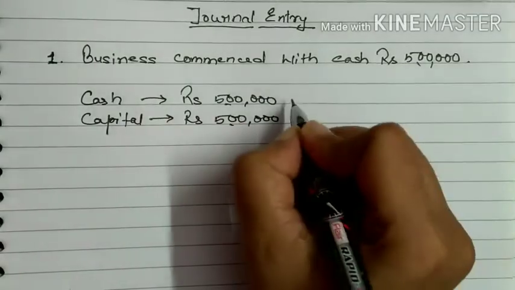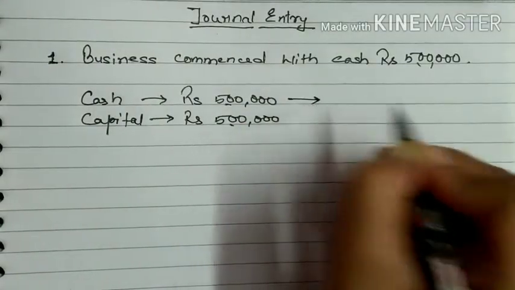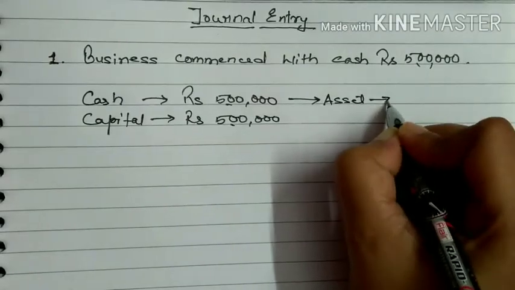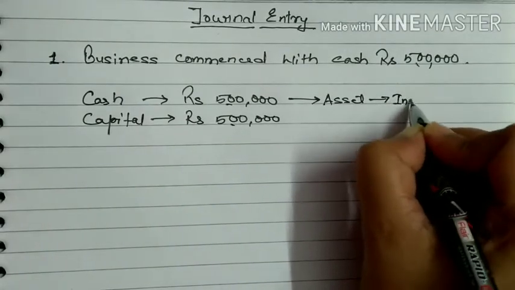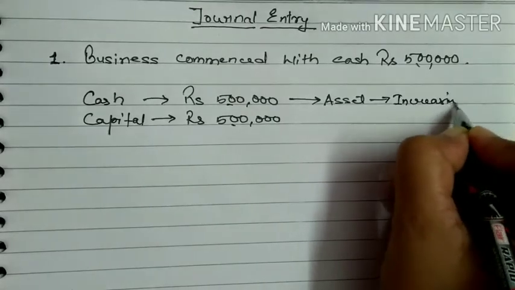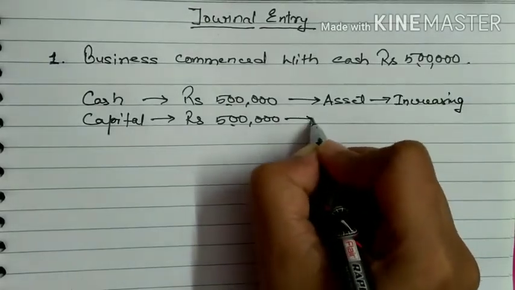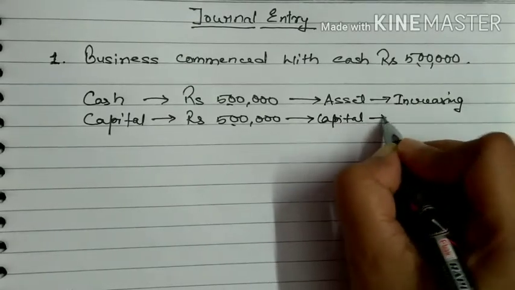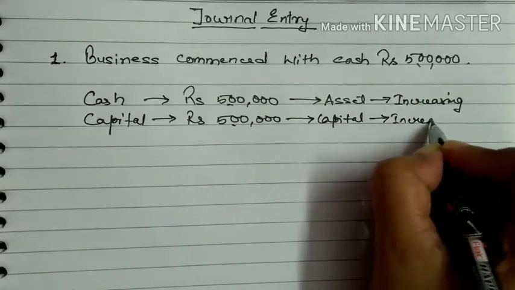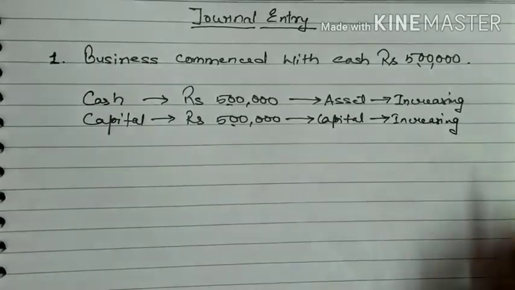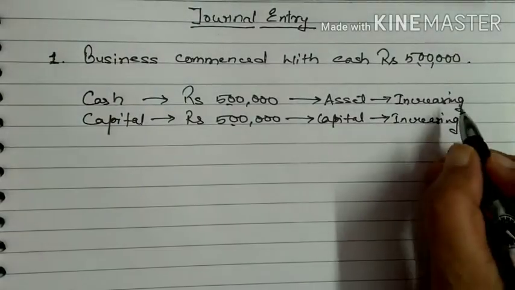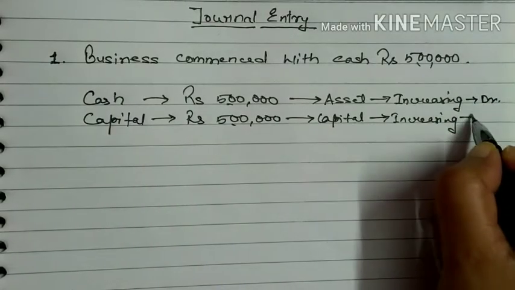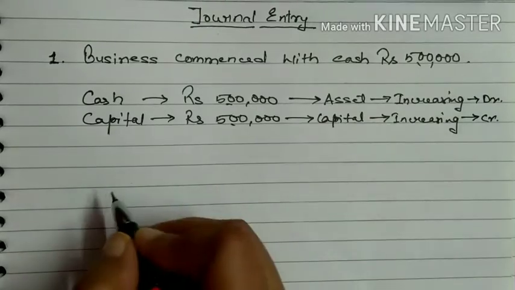Now cash is asset and it is increasing, and capital is obviously under the head capital and it is also increasing. So as per the rule we know increase in asset has to be debited and increase in capital is to be credited.